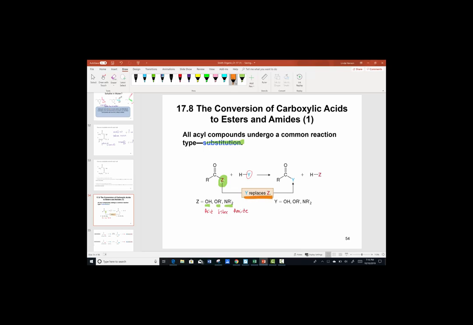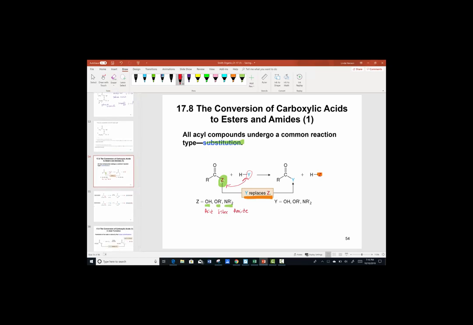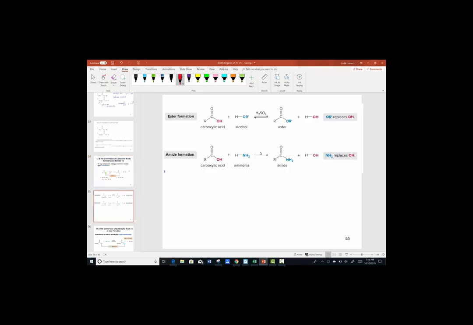So here's the Z now connected to the H, and we see that exchange occurring. These two simply exchange places. Let's give something a little more concrete than the general formula. The general formula for the substitution reaction on 17.8 is what we just diagrammed, but it might be easier to see some examples. Reaction 1.